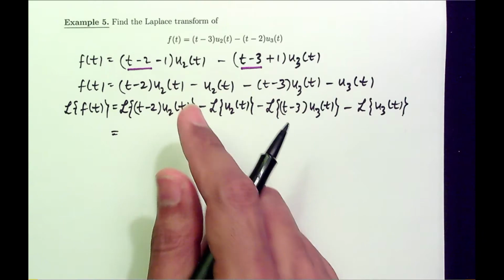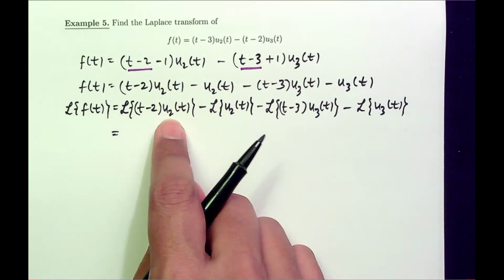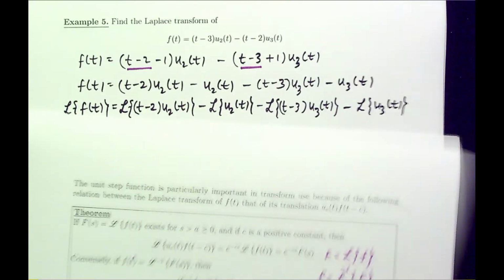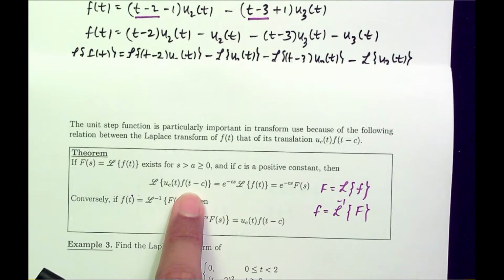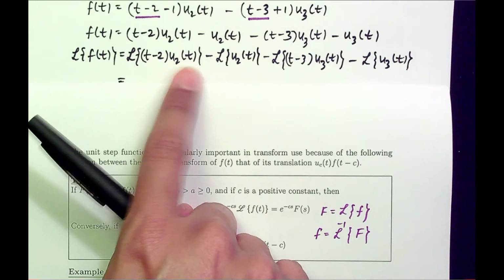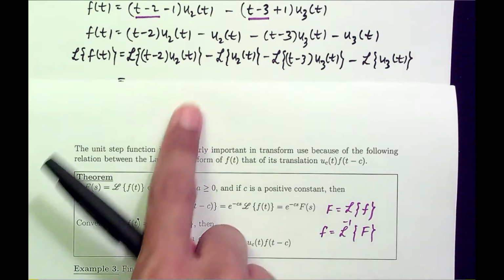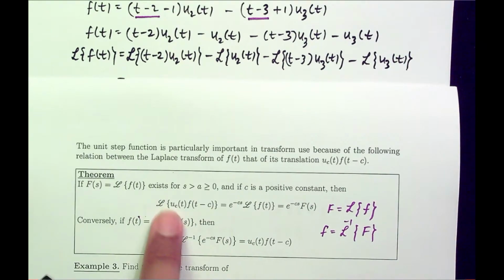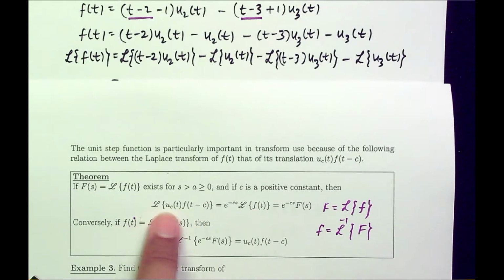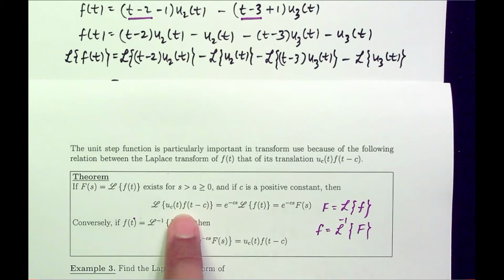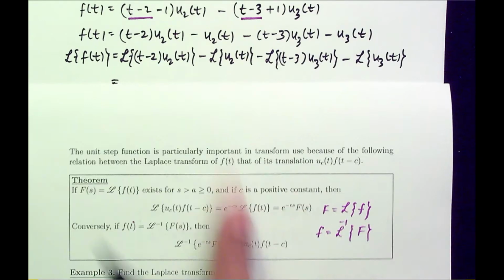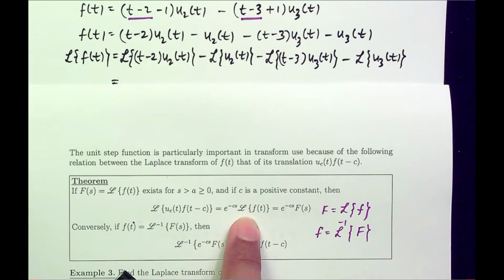What does the formula tell me? The formula tells me that the Laplace transform of this translation, so you have the u in the translation. The way I wrote it is backwards. I put the u second and the translation first. But either way, if you want to find the Laplace transform of that product, the answer is going to be e to the negative cs, where c in this case is the 2, times the Laplace transform of the function disregarding the translation.